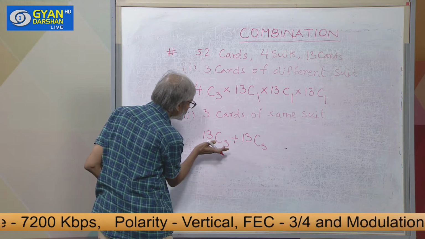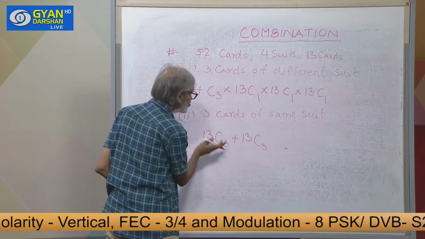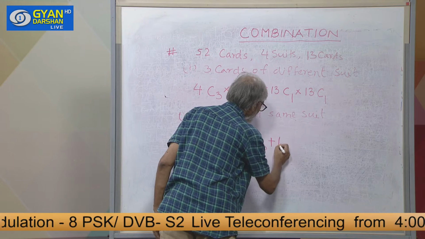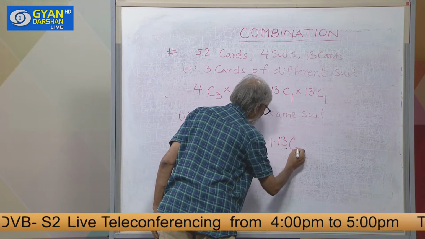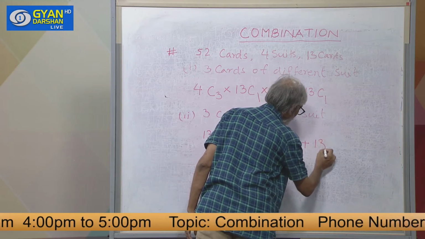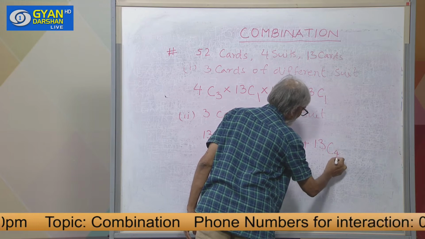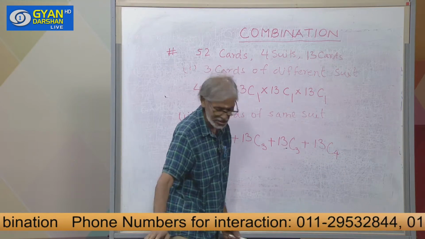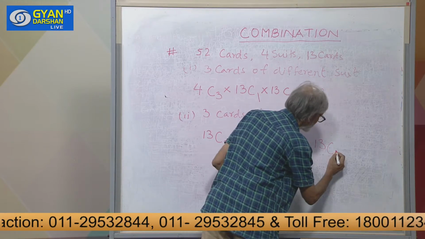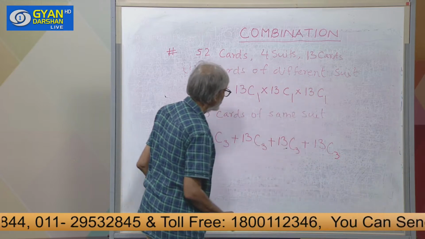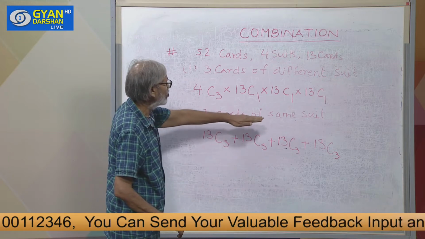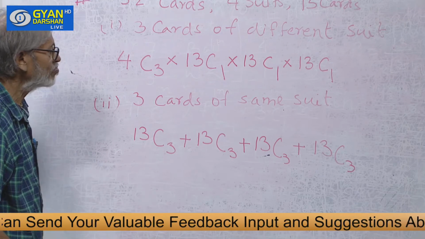You do not have to choose from this and this and this and this. You have to choose any one. So, plus sign will be there. Again, you could have chosen from the third one in 13C3 ways, and you could have chosen from the fourth one in 13C3 ways. So, this will be the answer, that you can choose 3 cards of the same suit in so many number of ways.